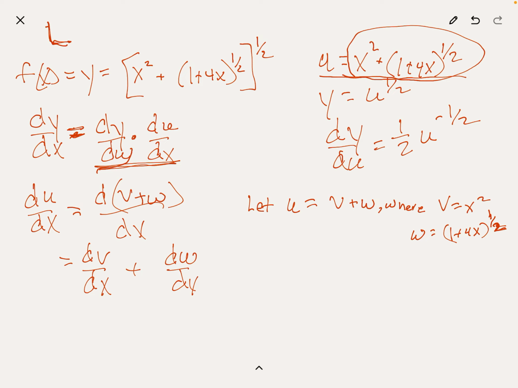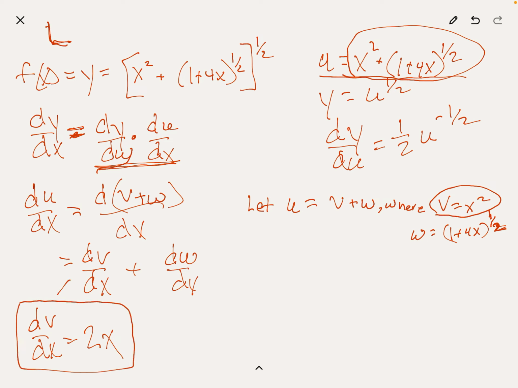So now we've broken the problem yet again into some smaller parts. Well, look, here's an easy one. If v equals x squared, then dv/dx equals 2x. So that's the final stage for that term. And let's draw a box around it to remind us where to look when we want dv/dx.